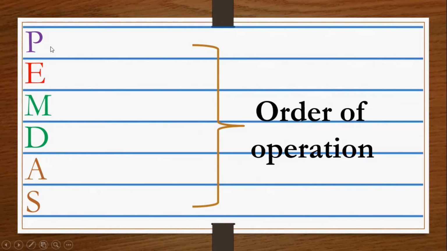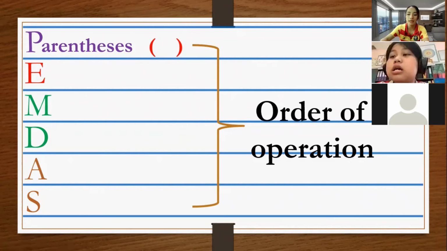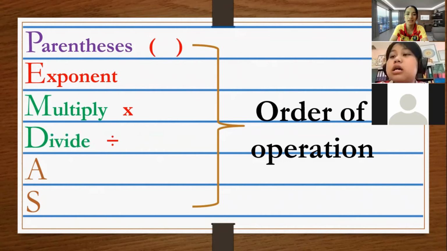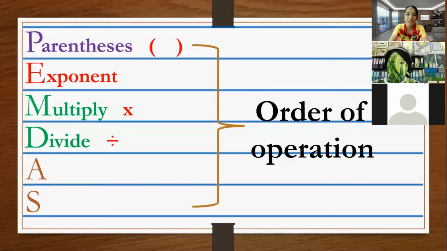So P stands for parenthesis or bracket. Next, E stands for exponent. Next, M stands for multiply or times. D stands for divide. Okay, next, A stands for add or plus.